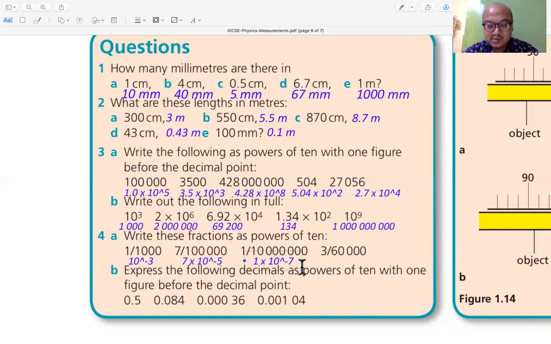And last one, what about this one? 3 over 6 times 10 power minus 4, or this is a half, because 3 over 6 is a half, 10 power minus 4.